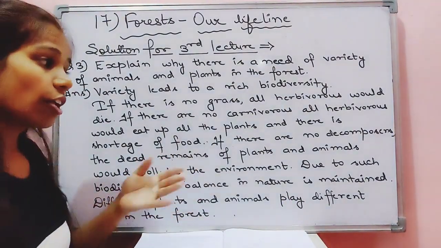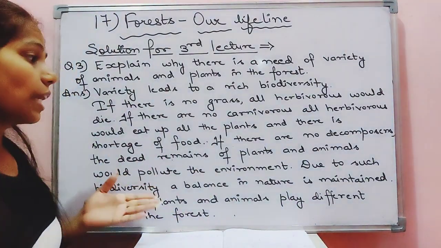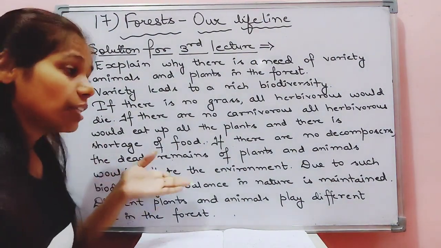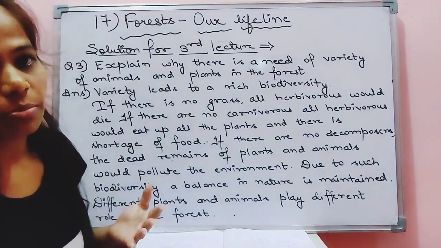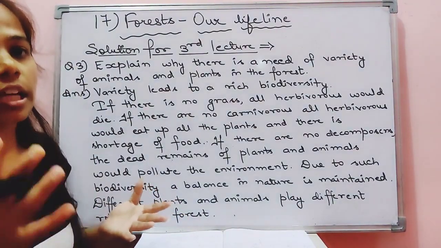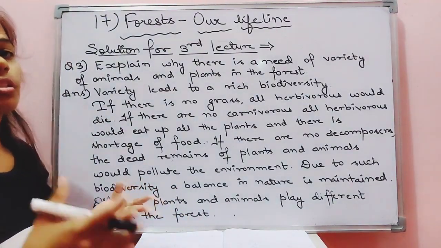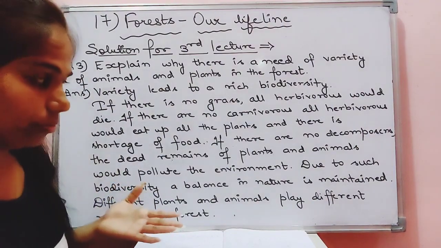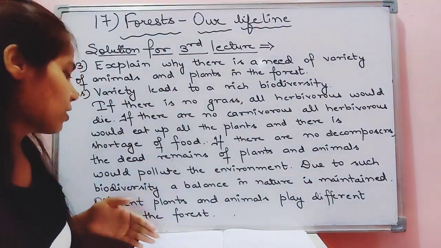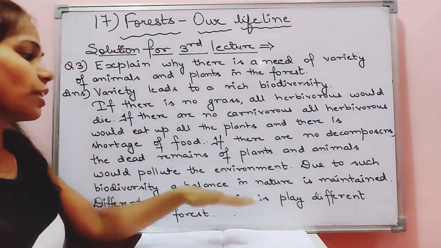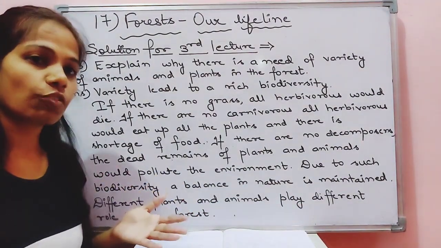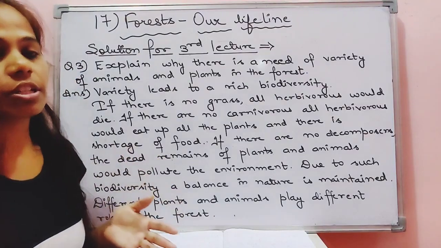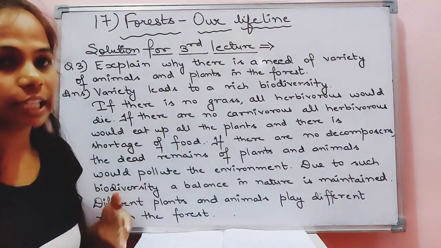And if there are no decomposers, then the dead remains of plants and animals are going to pollute the environment. Okay, they can cause air pollution, they can cause soil pollution, etc. So different plants and animals play a different role in the forest. There are different roles related to the biodiversity in the forest, so we should maintain that.